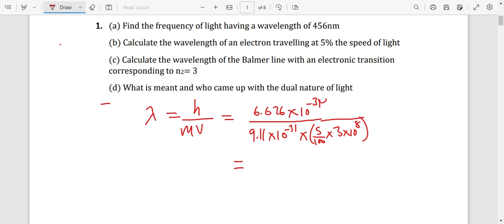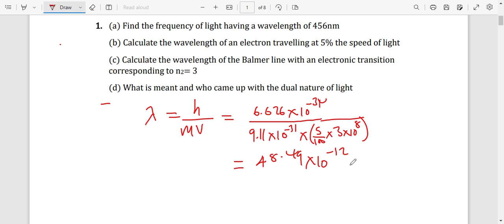Okay, so let me just take a moment, I punch this properly so I won't make a mistake. Alright, 6.626 times 10 to the negative 34 divided by the answer that we've gotten from the calculation there. This is giving me 48.49 times 10 to the power negative 12.